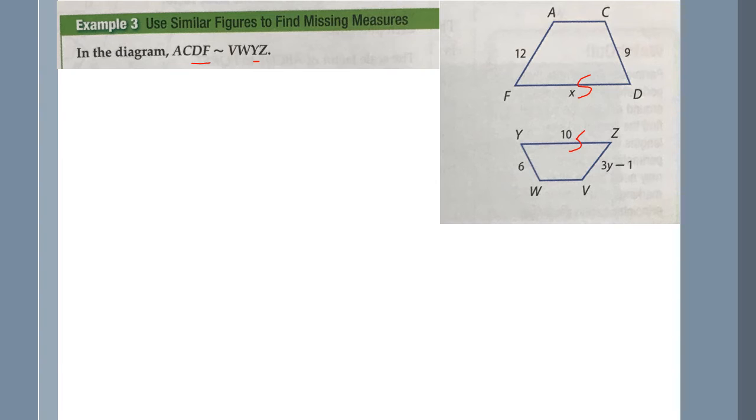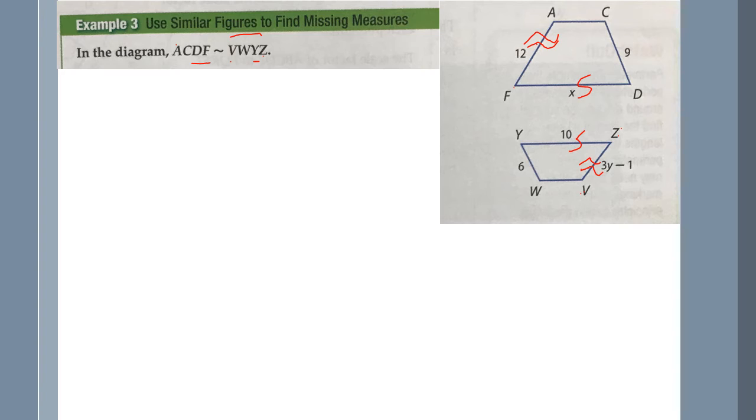Now I've got to figure out whether VZ matches up to CD or VZ matches up to AF. Well, VZ are the first and last, so that's going to match up to AF. So I'm going to put two of these here, and I'm going to do that there. The reason I use the squiggly lines is because if they're straight lines, that means congruent.